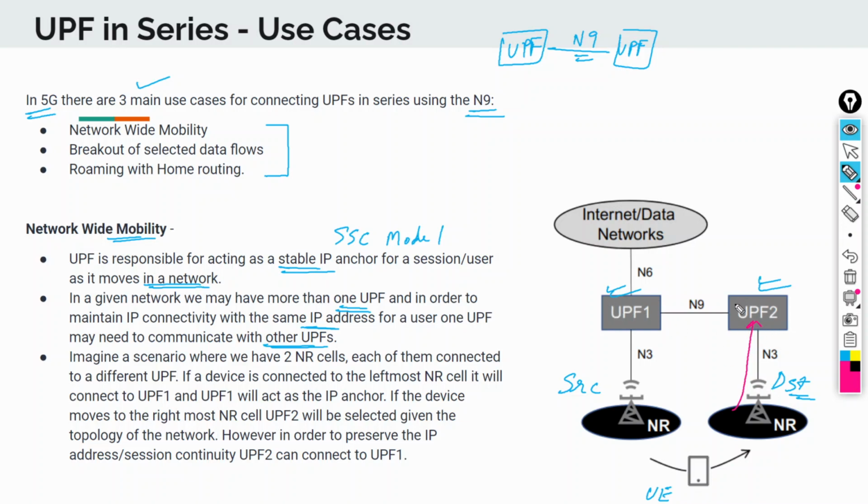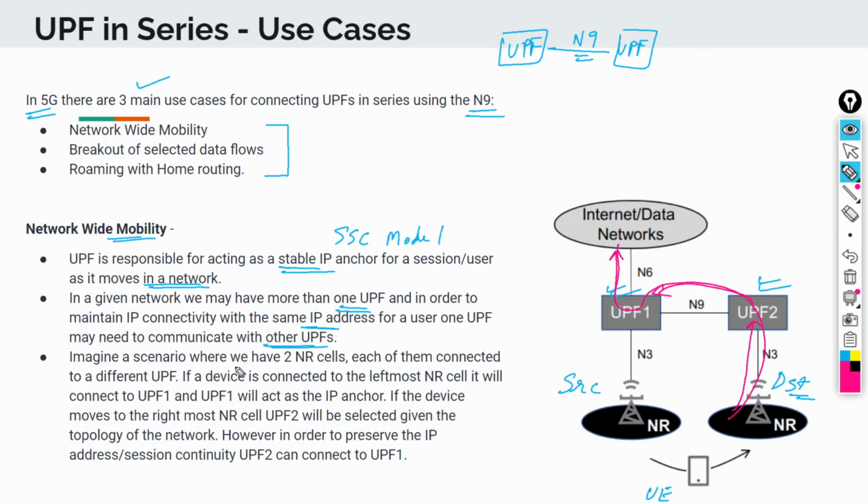The only connection it has is to UPF2, and then that traffic will be tunneled back to UPF1 and will go out to your external network. So this is how SSC mode 1 will look, where the IP address is retained because that traffic is still going through UPF2 into UPF1 out to the external network.